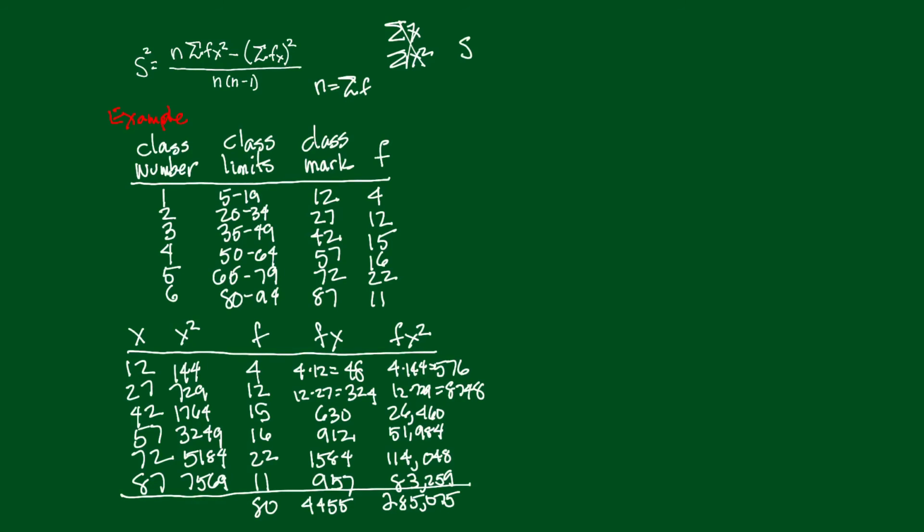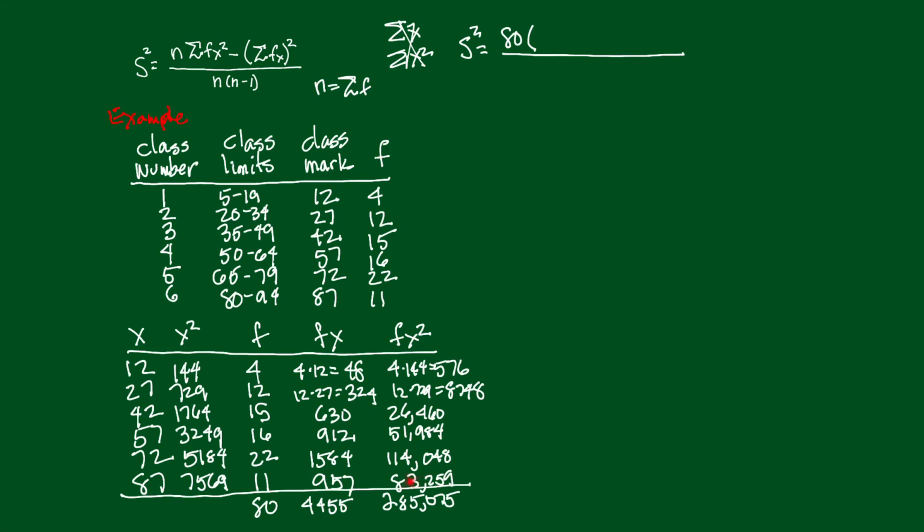So s squared is going to be, all right, big fraction here, n. Now, n, that's what? That's our sum of the frequencies. 80. All right, so I'm going to get 80 times fx squared. So 80 times what? Fx squared.